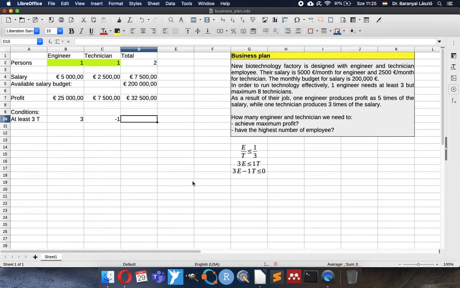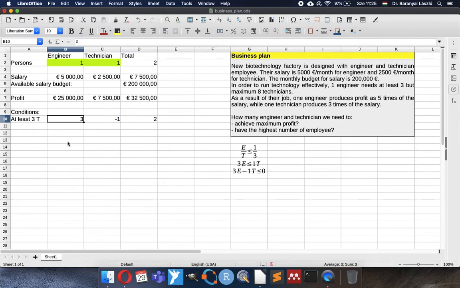And if we apply the calculation like above, but it will not be, of course, money, just a number ratio about the number of the persons. If 1 engineer has 3 technicians, you can see that the result of this calculation will be 0. That's fine for us. Yes, indeed, we expect that one.